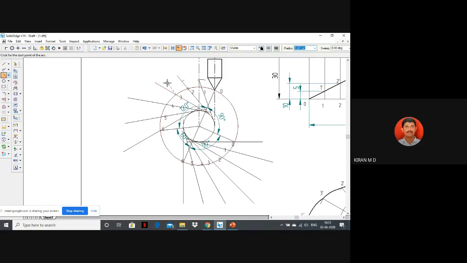This is the center. Again, this is the center. Again, this is the center. Again, this is the center.